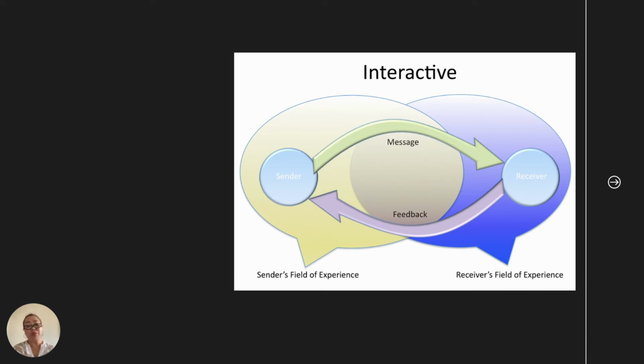Likewise, each communication interaction is unique. While the interactional model is more dynamic than the linear model, it still contains some limitations. For instance, this model implies that while people can be both senders and receivers, they cannot do so simultaneously.